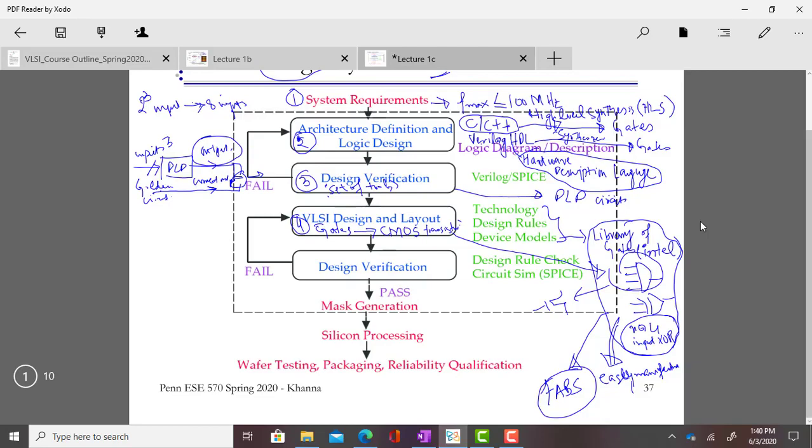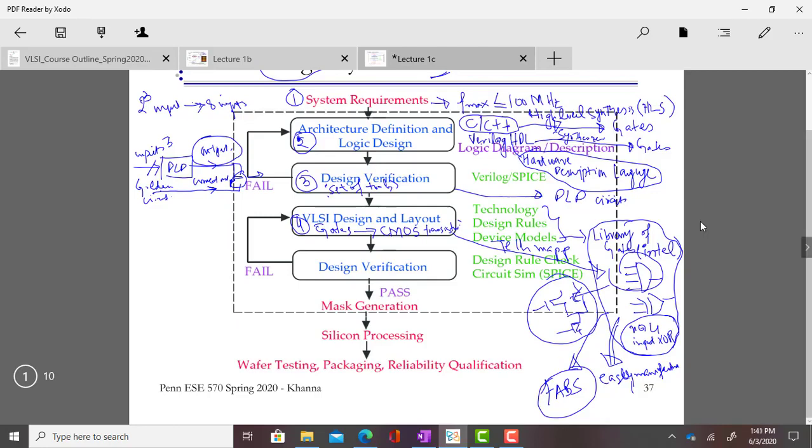So they are like a huge chunk of transistors connected in some fashion. So this step is called technology mapping.